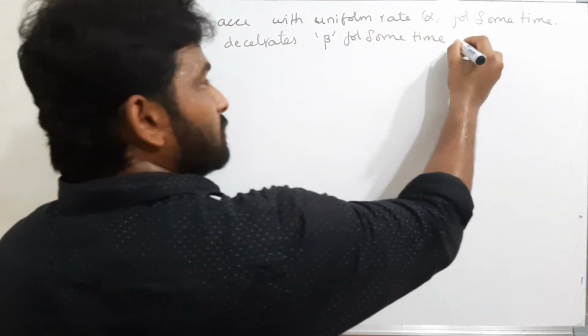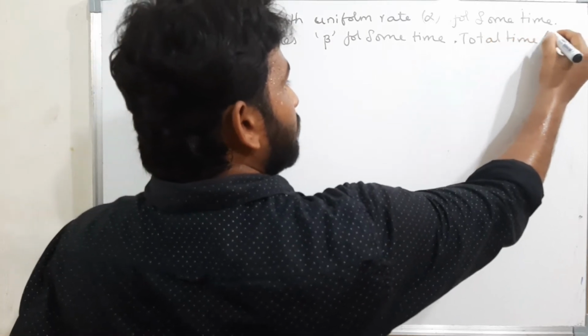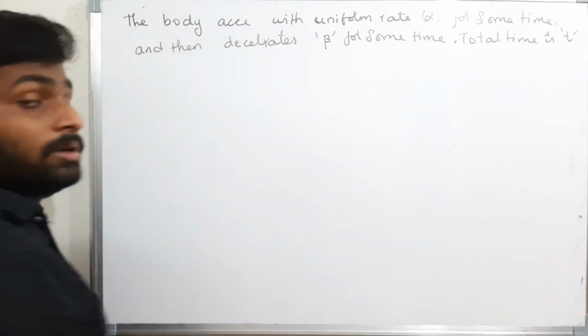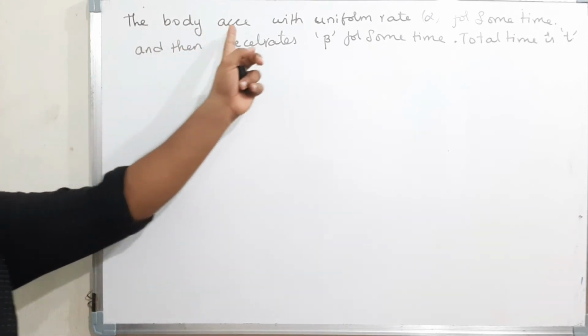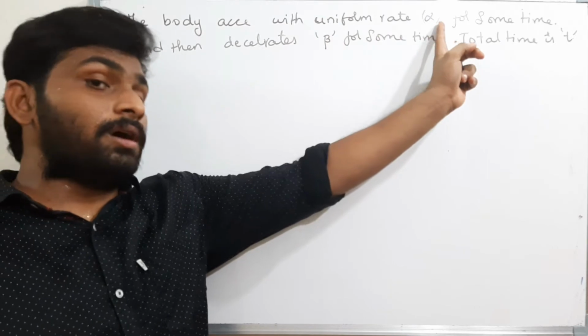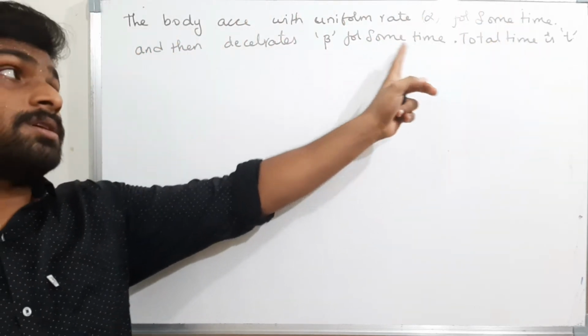The total time they gave us is t. The body is accelerating with a uniform rate alpha for some time, and then the body decelerates with a rate beta for some time.